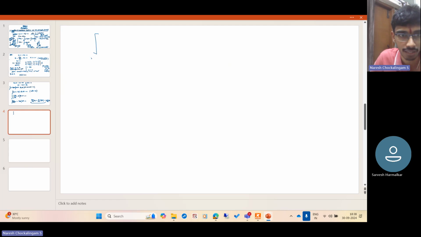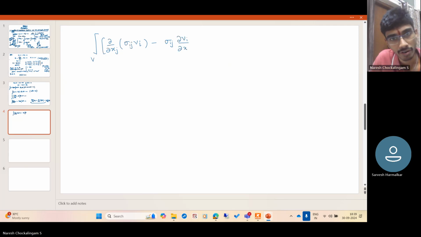So you get integral over the volume. You get the derivative with respect to xj, sigma ij vi minus sigma ij dou vi by dou xj. So I have dropped the del symbol, but it's there. Just remember, it's there everywhere.